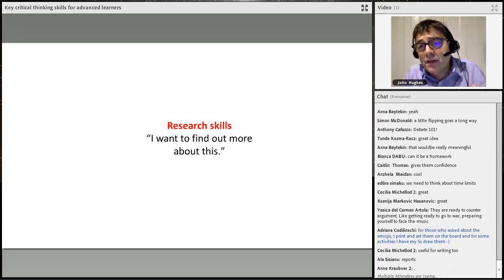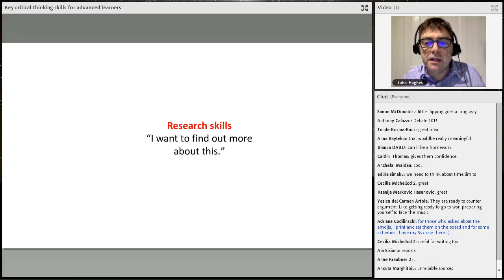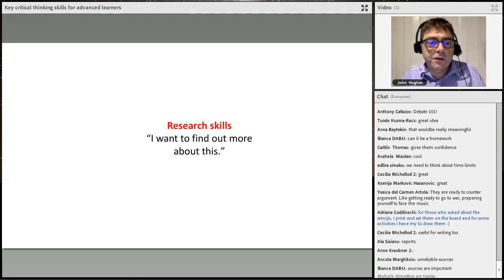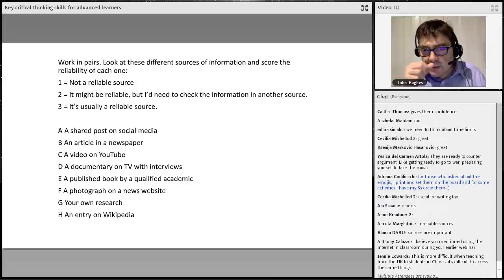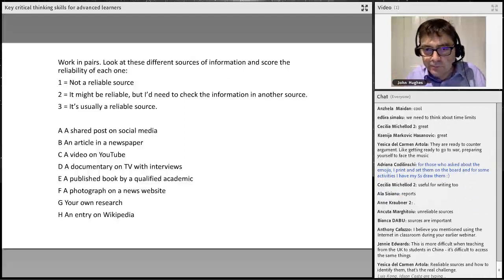Now, students have access to the internet, but the problem is, what is the quality of the information on the internet? So before you do research with students, the next 2 exercises are very useful. This one, somebody's just mentioned sources. Bianca's mentioned sources.